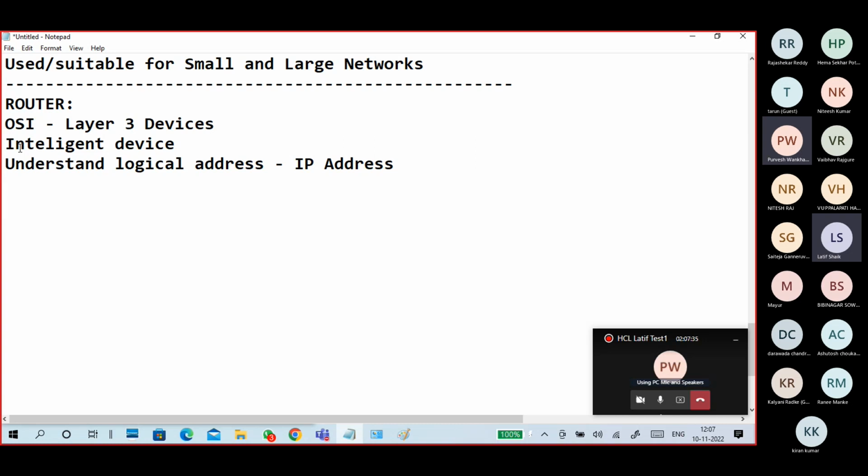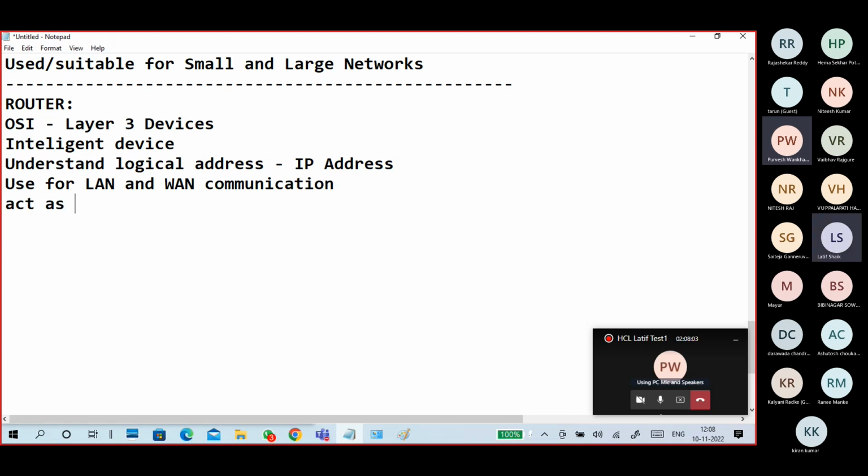Not only IP address, other types of addresses, IPv4, IPv6, all types of logical addresses. We are using IP addresses, but other things like SPX are also there, no? Okay. Logical address. We use it for LAN and WAN communication.